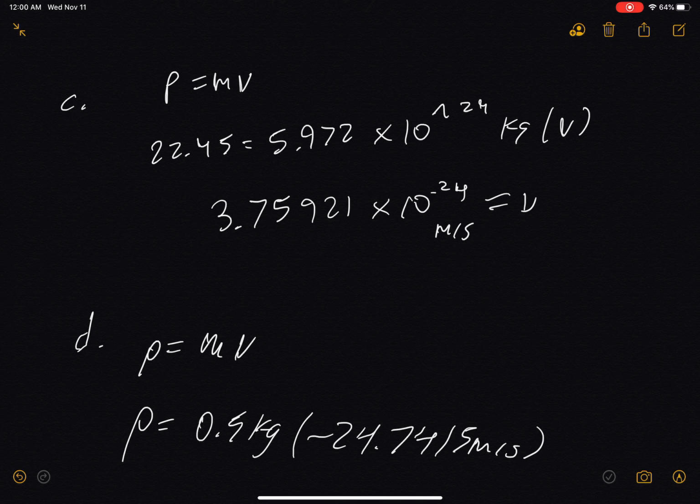We'll divide both sides by our Earth mass. So our momentum divided by our Earth mass, and our velocity will become 3.75921 times 10 to the negative 24 meters per second. Just to be clear, that is the change in velocity of the Earth.